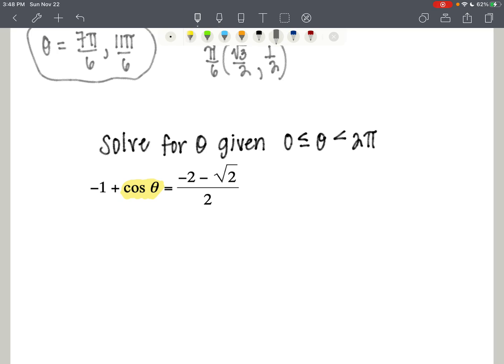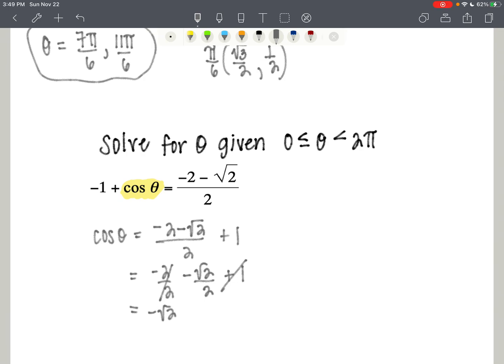So we're going to add 1 to both sides, and I get cosine of theta equals negative 2 minus the square root of 2 over 2 plus 1. Now I'm going to rewrite this. Negative 2 over 2 minus the square root of 2 plus 1. Negative 2 over 2 is negative 1. Negative 1 plus 1 cancels out, and we have negative square root of 2 over 2 is equal to cosine of theta.